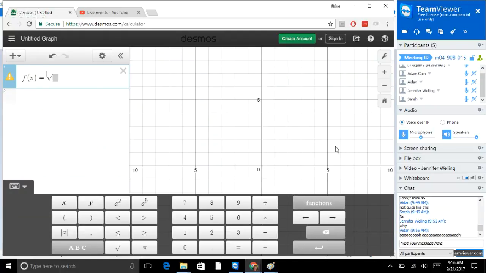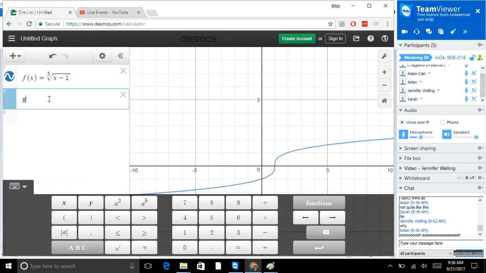There we go. So we've got f of x is the cube root of x minus 1. Got some crazy graphs, right? And we've got g of x equals x cubed plus 1.